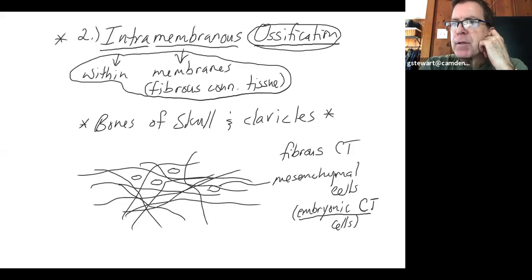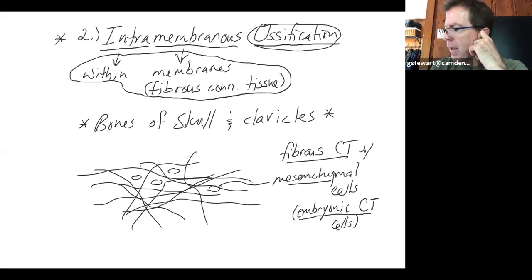All right, so we've got fibrous connective tissue with mesenchymal cells, okay? And ossification centers appear in this fibrous connective tissue. What that means is these mesenchymal cells differentiate into osteoblasts.